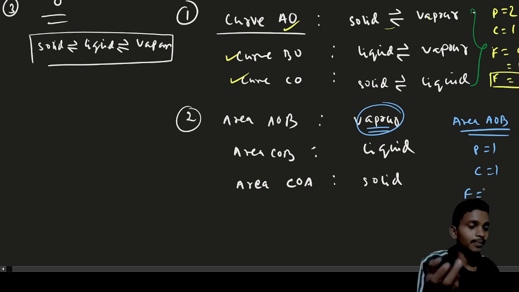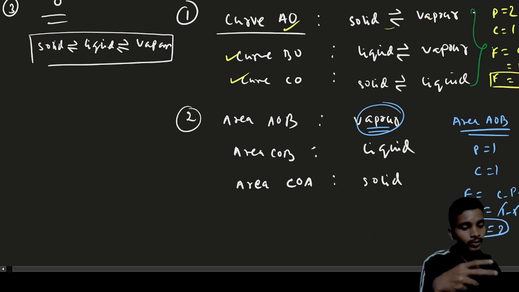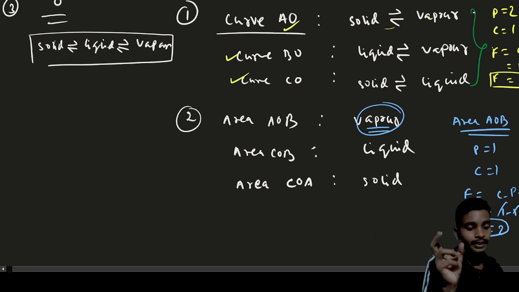Degrees of freedom is C minus P plus 2. So C is 1, P is 1, plus 2, so F equals 2.